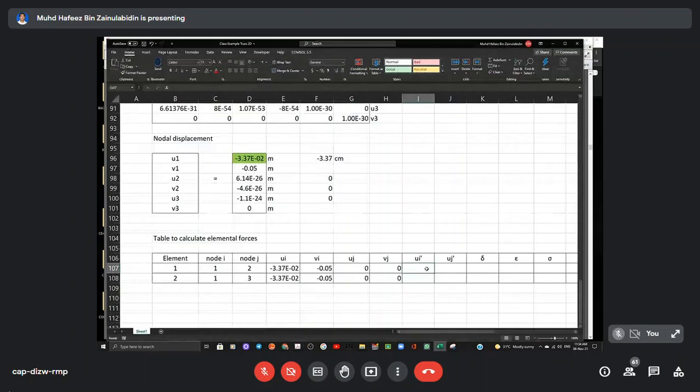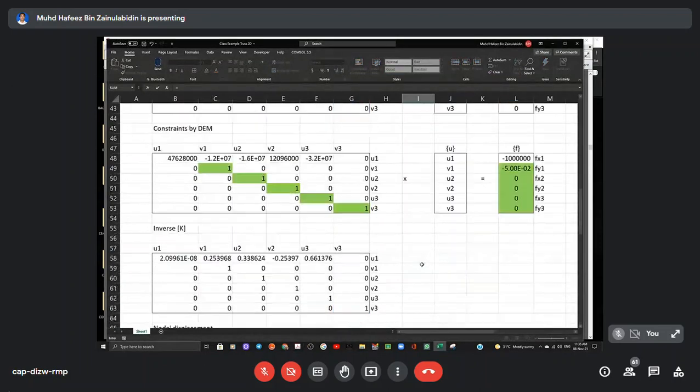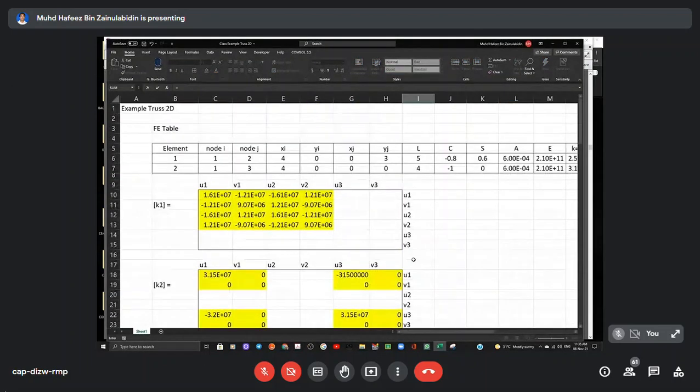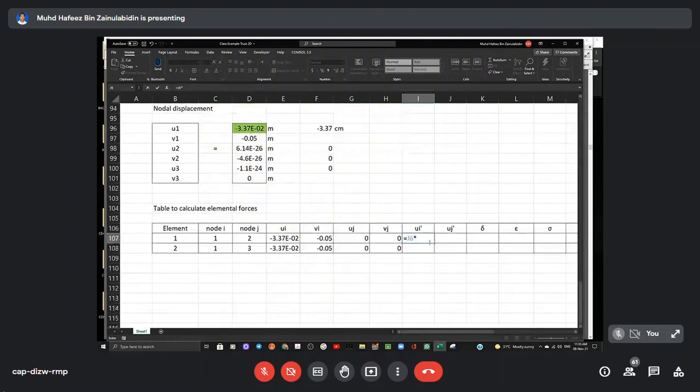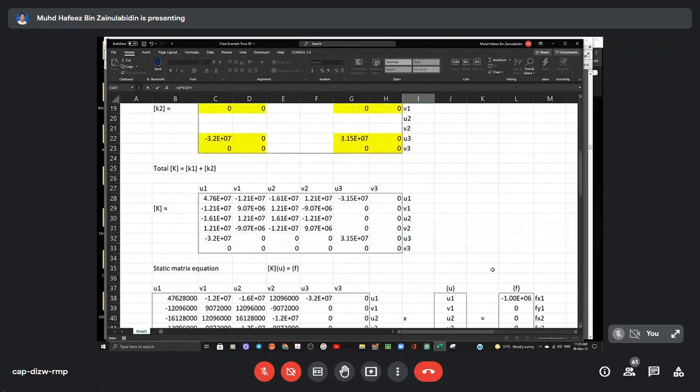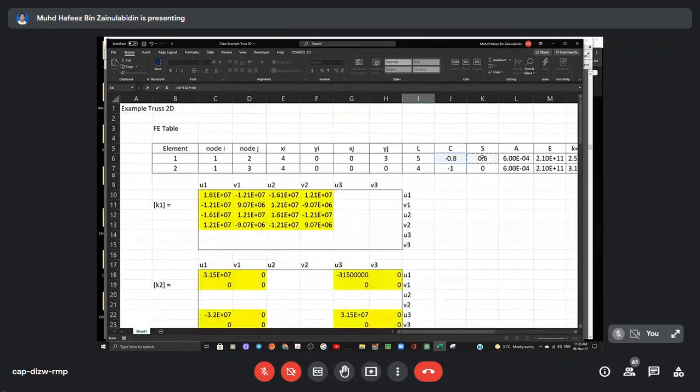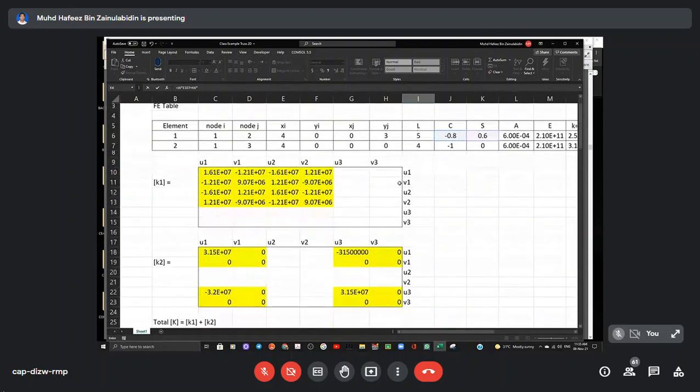This one, UI prime equals C for element 1 multiplied by UI, this one, plus S multiplied by VI.